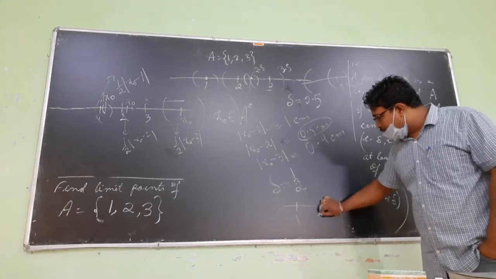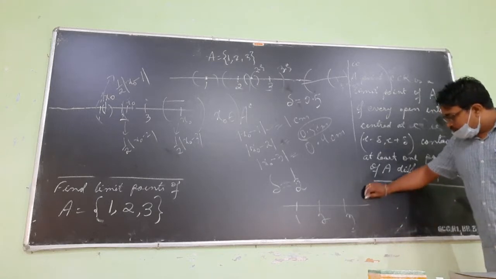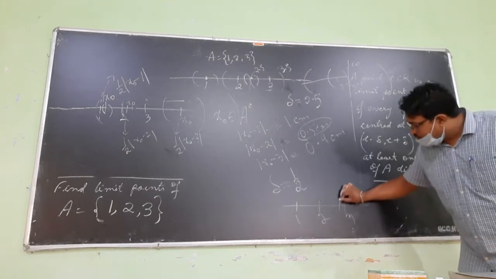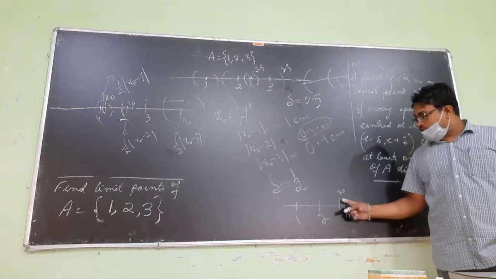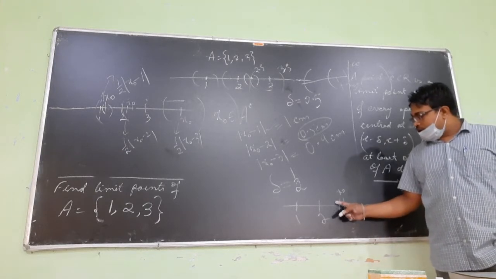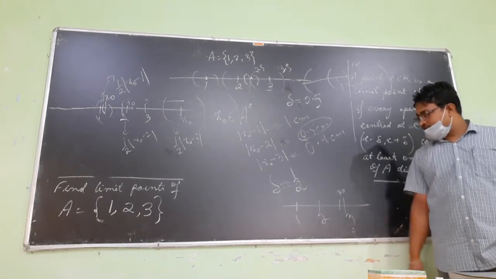One is here, two is here, three is here. Suppose x naught is here. So which radius will give me an open interval which does not contain any other point?